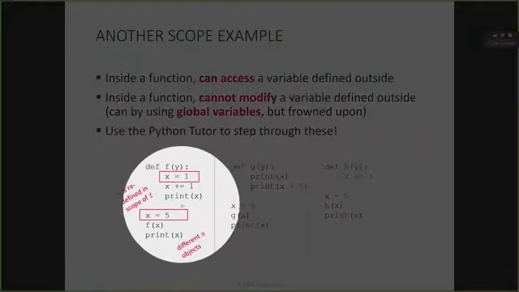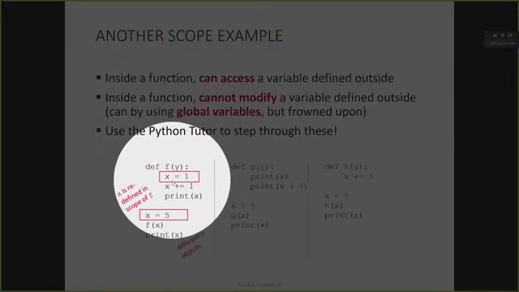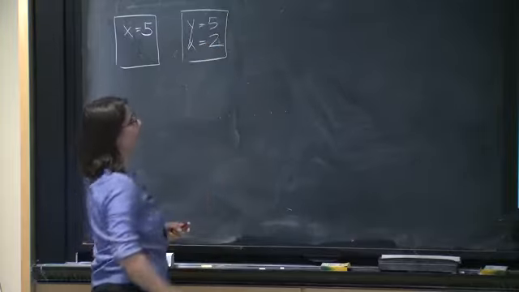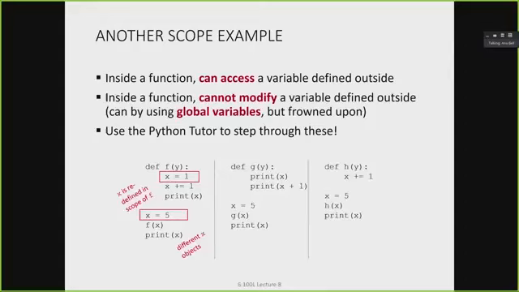This function is going to now do the body of its function. X is equal to 1, so it creates also an x whose value is 1, just within its scope. It adds 1 to x, so this becomes 2. And then it prints x, so it's going to print 2.